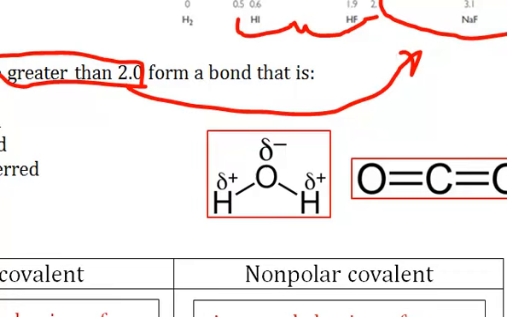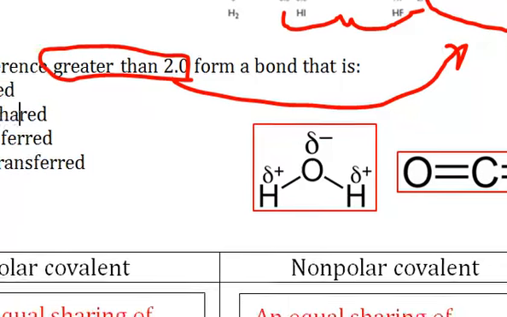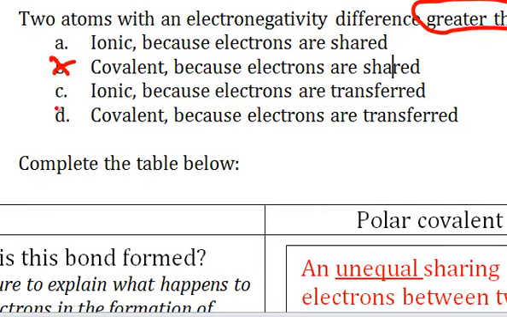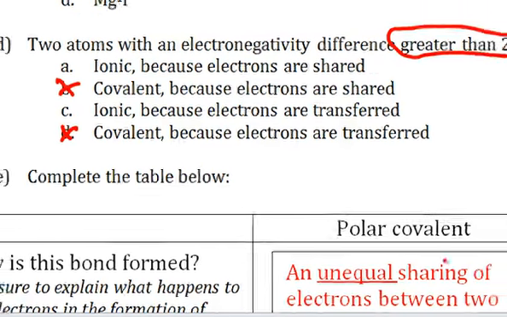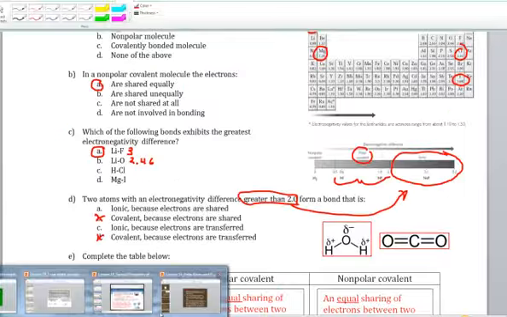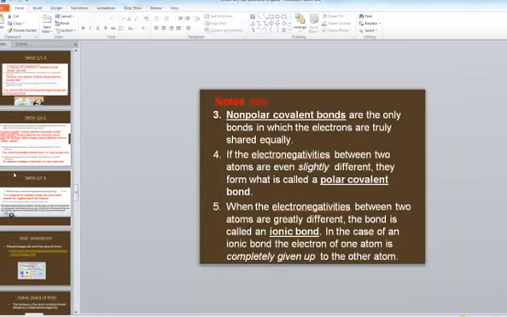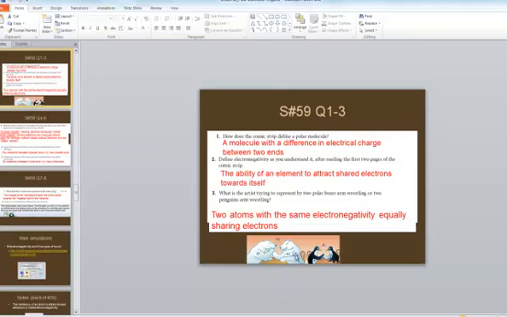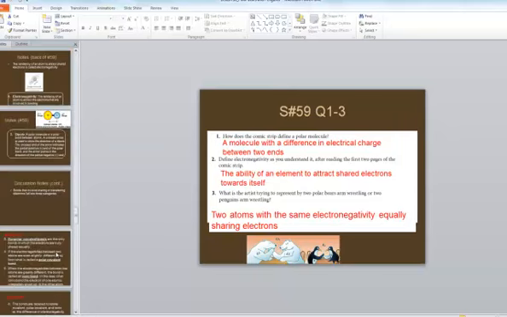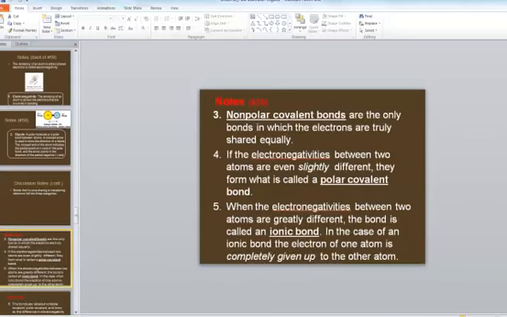Wait a minute. We have two ionic ones, so it can't be this one. Is it because electrons are shared in ionic or because electrons are transferred? Well, if you remember back to the lesson on polar bears and penguins, covalent bonds are sharing. But when we get to ionic, the difference is so big, the electronegativities between atoms are so different, that the bond's called ionic.